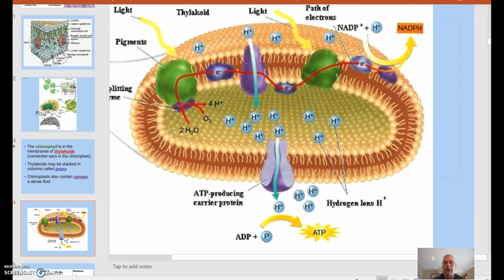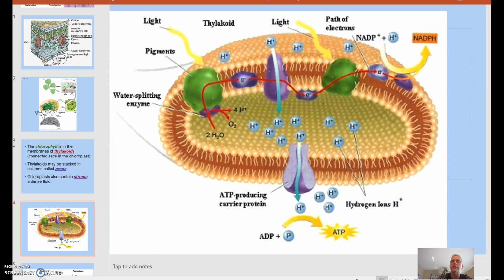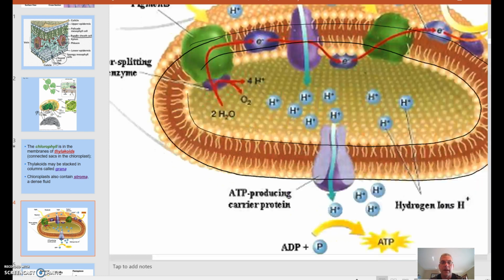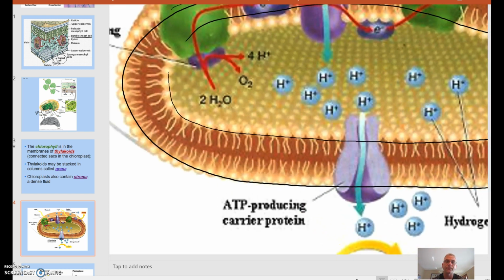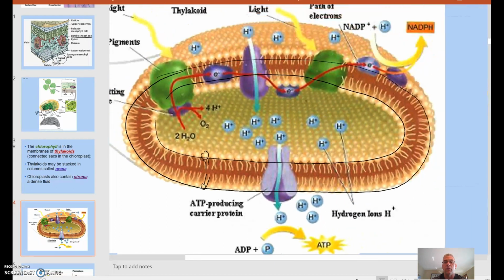The thylakoid has a couple of characteristics we should be familiar with, one of which is the familiar phospholipid bilayer. We see a double membrane that surrounds the perimeter of the thylakoid. And obviously, in the orientation of the phospholipids, you're always going to have your polar heads facing outward in both directions, and your nonpolar tails facing inward.